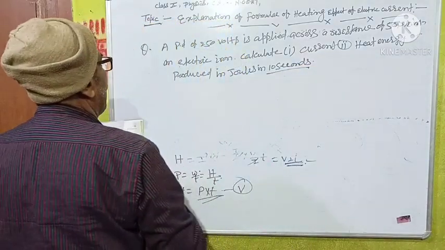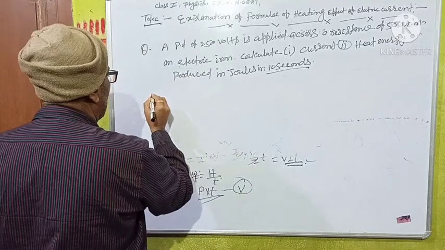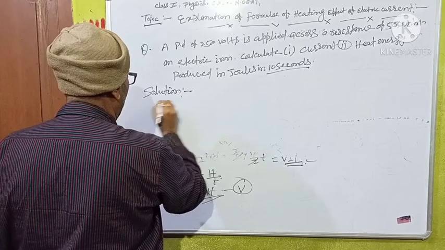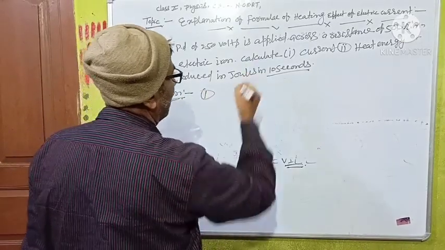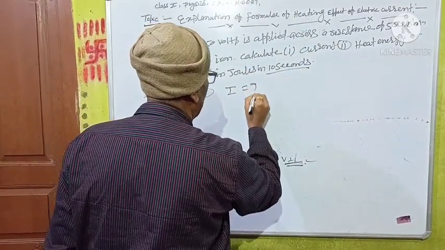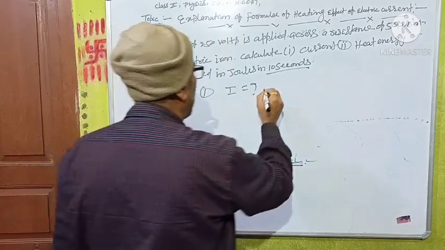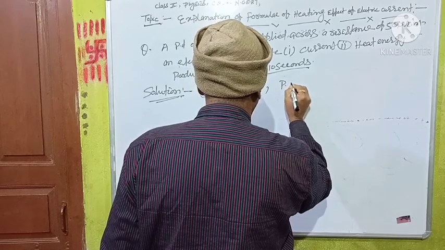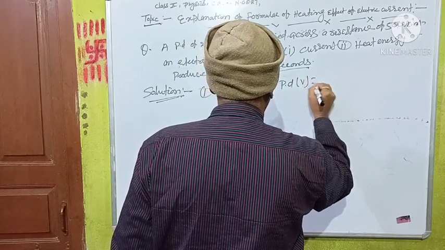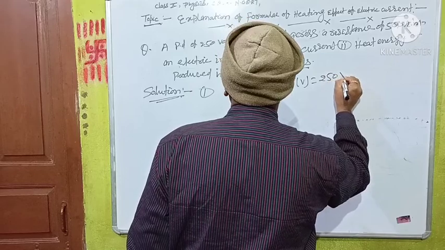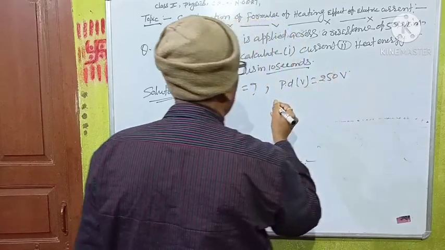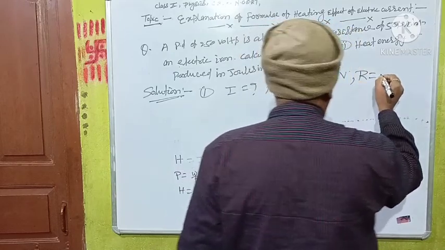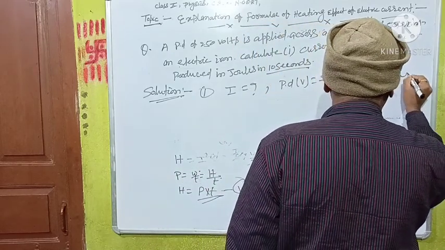So here we shall give the solutions. Solution, first part. We can find the current I. Here the potential difference V is equal to 250 volts, and resistance R is equal to 500 ohm.